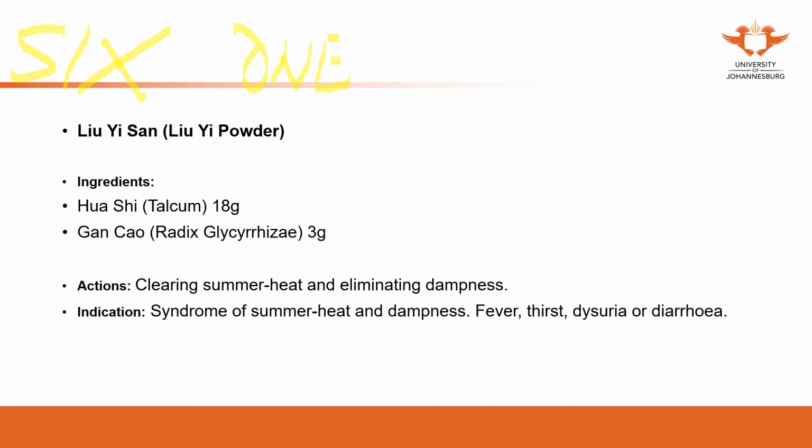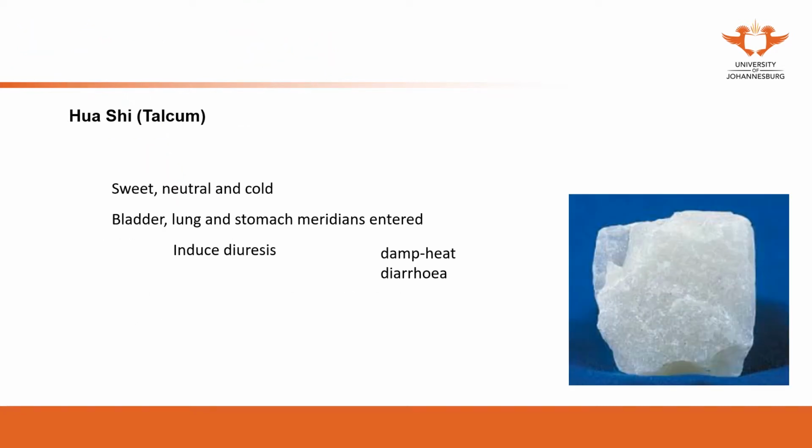So that's why it is called 6-1 powder. 散 is a powder. 滑石 can clear the heat, can induce urination. 甘草 can harmonize. 滑石 is sweet, neutral, and can increase urination, can clear damp heat, and can be used for diarrhea.